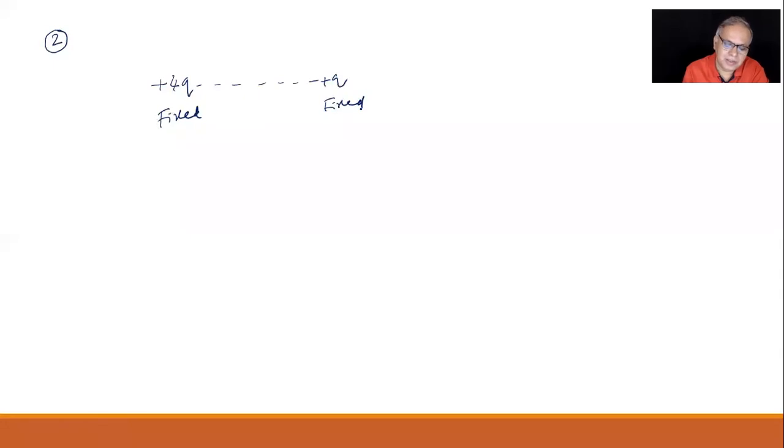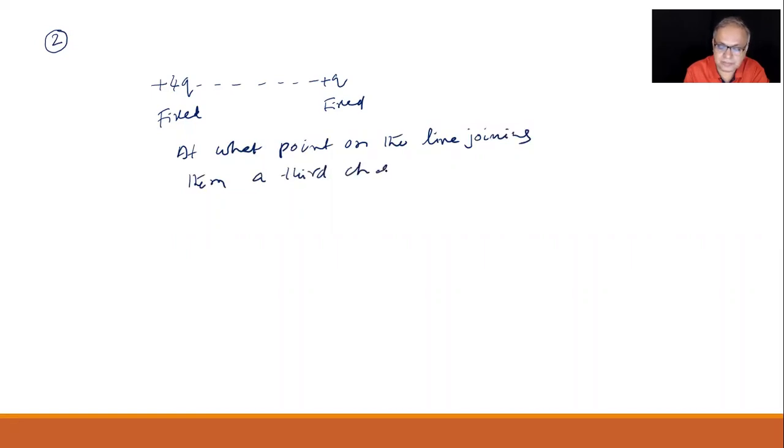At what point on the line joining them can a third charge be placed so that it is in equilibrium?